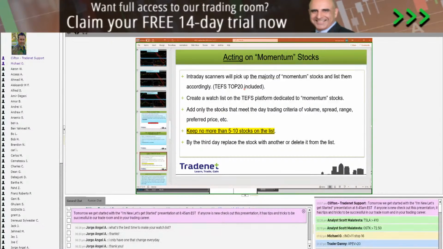Okay, so the list today and the list tomorrow should not have the same stocks. Maybe one of them will continue to be momentum stocks. Most of them will lose the momentum status, and you replace them with others.